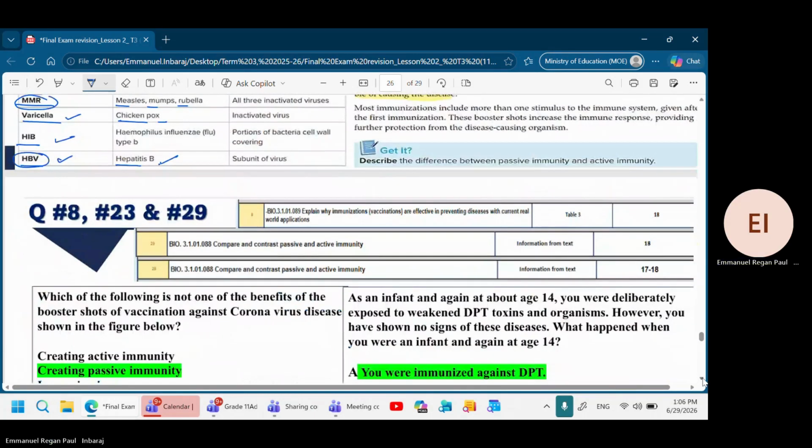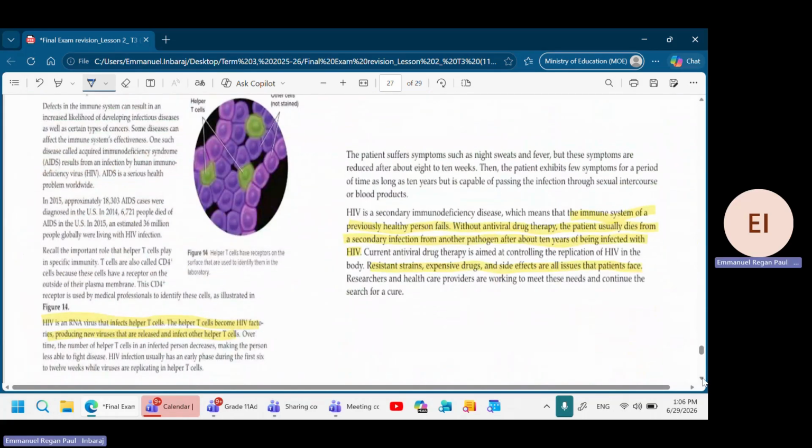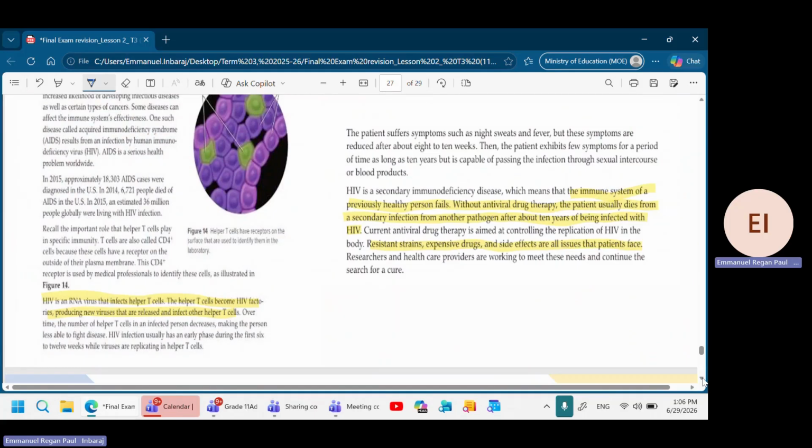Okay, now let's move on. Any questions here? Yes, and the last one is about HIV. HIV is actually a virus. In humans it causes a disease called AIDS. It's a problem worldwide. And what does this virus do?